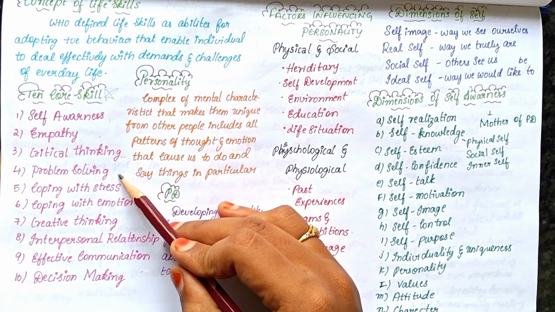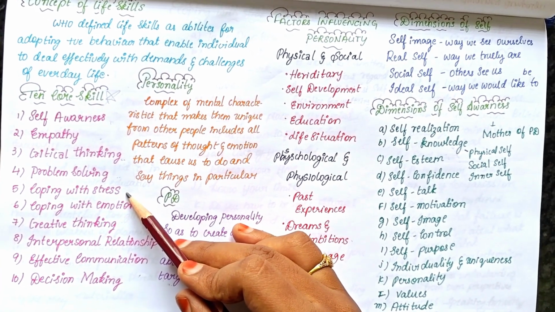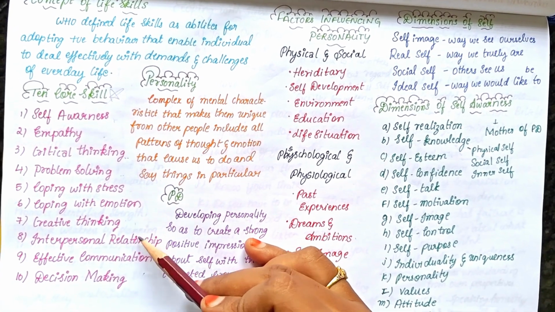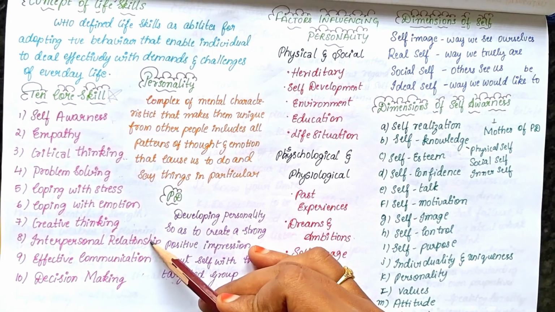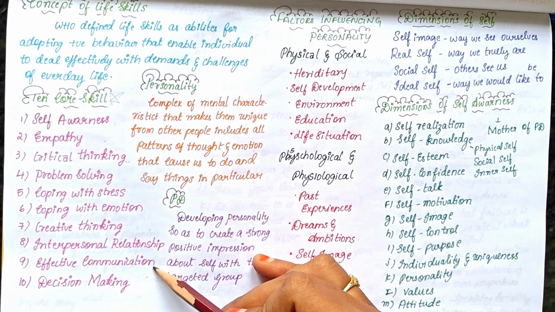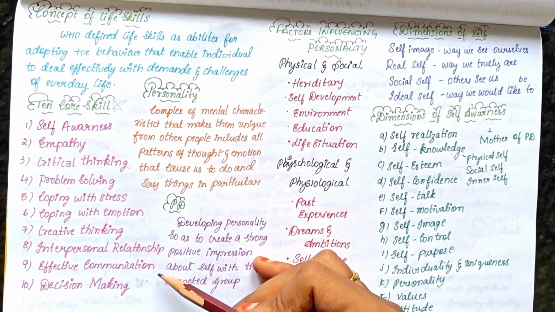Problem solving is one of the most important core life skills. It's also important to cope with stress and cope with emotions. Creative thinking is also very important, and interpersonal relationship, the relationship you maintain with your environment, and effective communication and decision making. Decision making is a very important concept even in leadership.